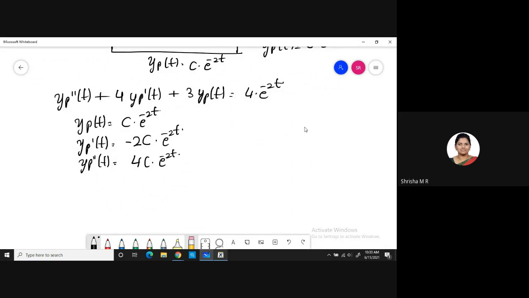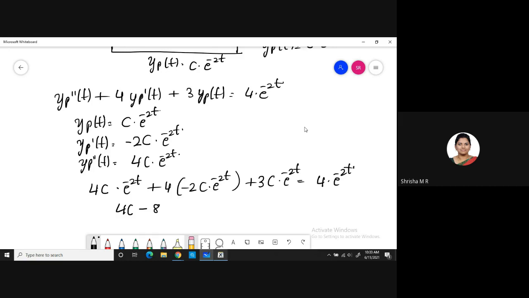So you have 4c into e power minus 2t plus 4 into minus 2c into e power minus 2t plus 3c into e power minus 2t is equal to 4 into e power minus 2t. So e power minus 2t is common. So you have 4c minus 8c plus 3c, which is equal to 4.